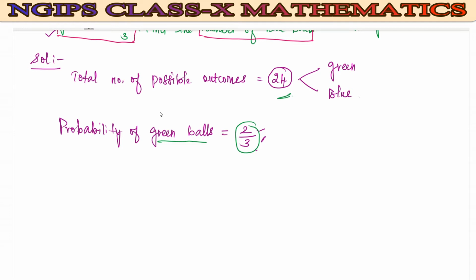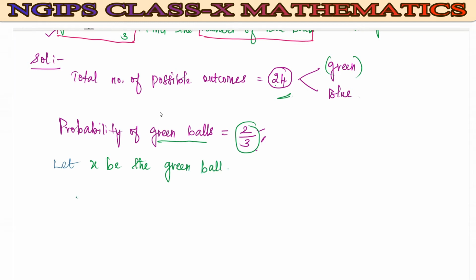Now, according to this, we don't know exactly how many green balls are there out of 24. So I am going to take, let x be the green balls.